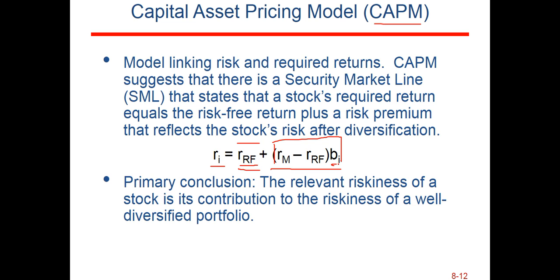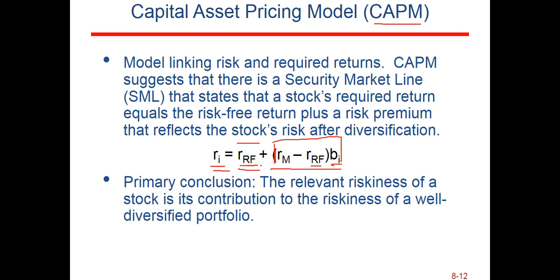And then there is something called beta, which is the correlation between the stock, how the stock moves versus how the market moves, and the difference between the market return and the risk-free rate. We are going to go over these in specific examples, but r_i is the quote-unquote interest rate or the required rate of return from a stock.